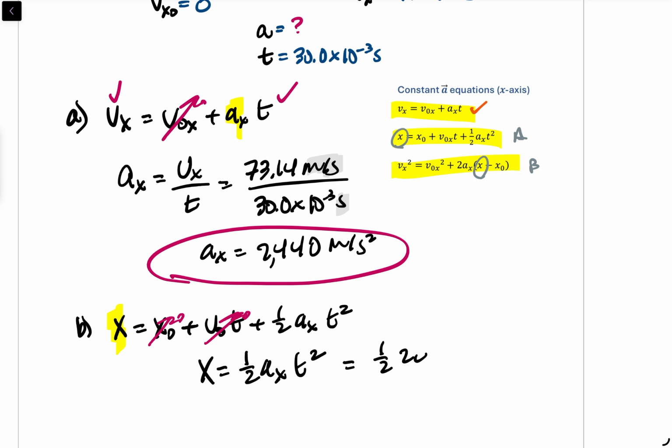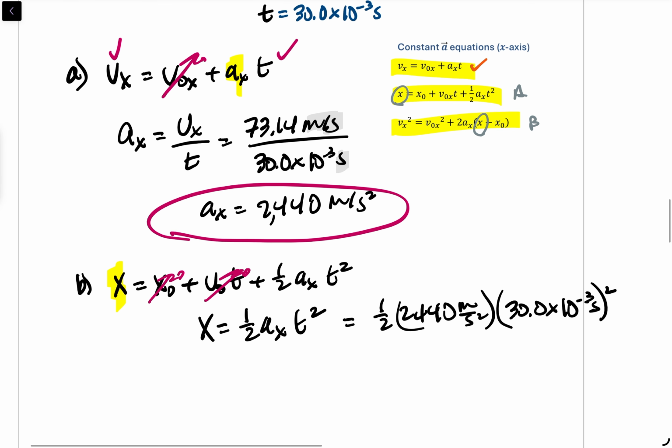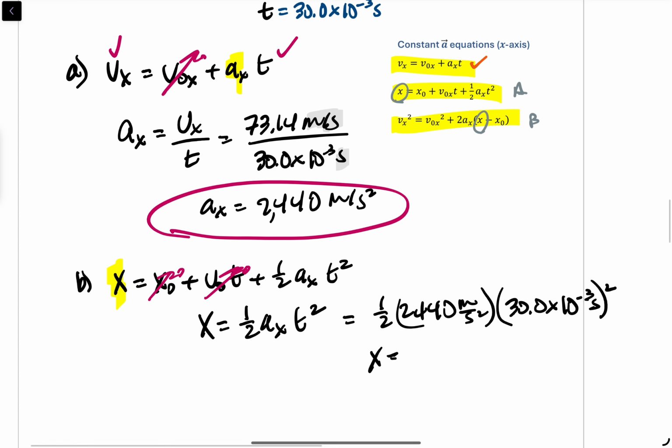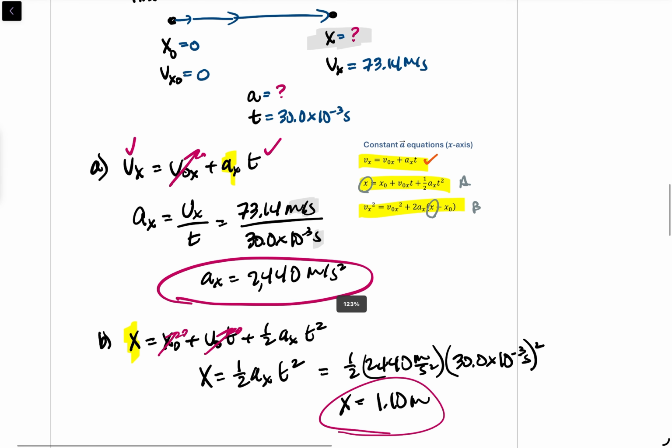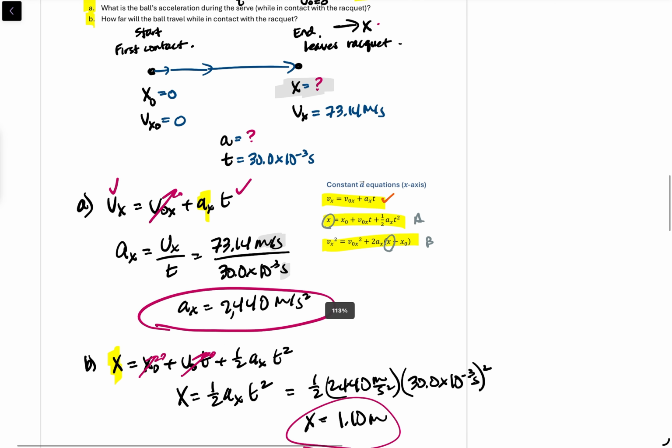So this is 2,440 meters per second squared, and then multiply by our time, which was 30, not 3, 30 times 10 to the negative third seconds. And then I need to remember to square that piece there. And so when we do all of that, we end up with 1.10 meters. And that is going to be the distance over which the tennis ball is in contact with the racket there.